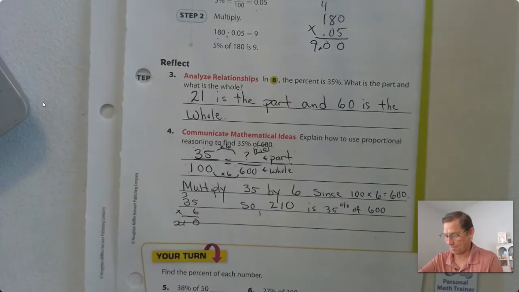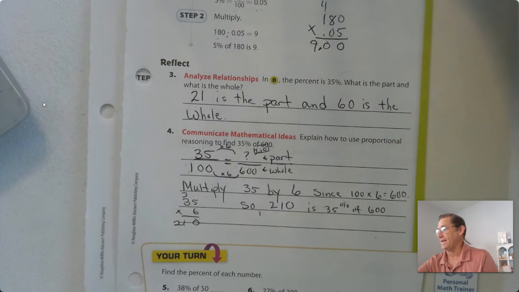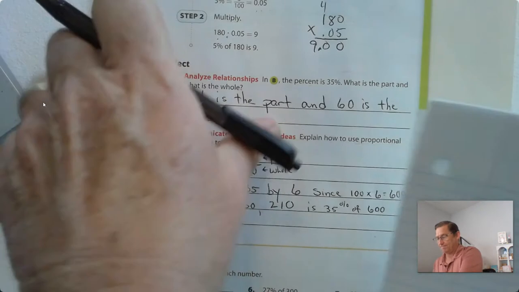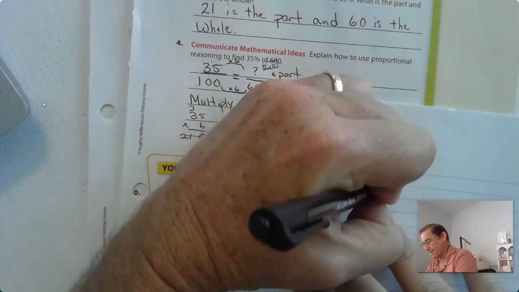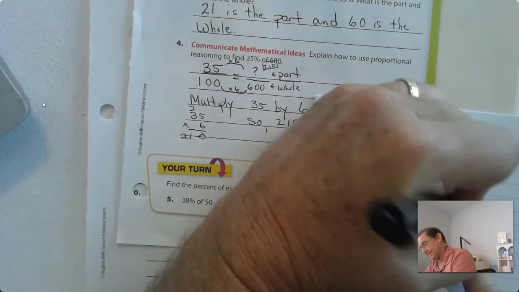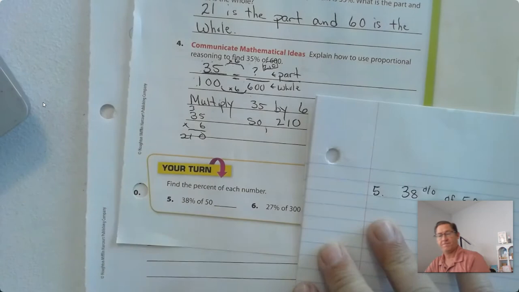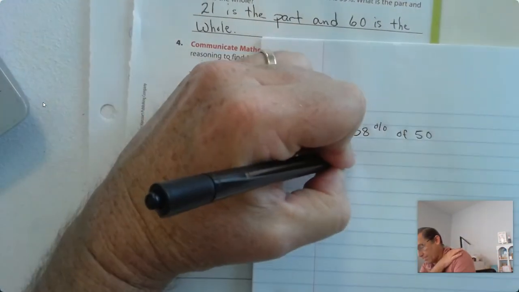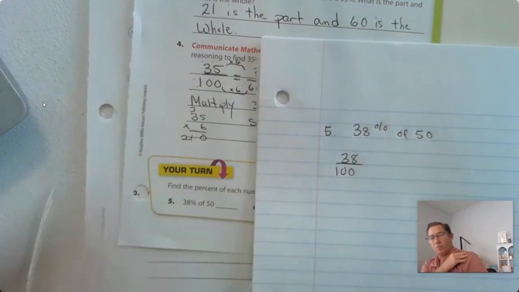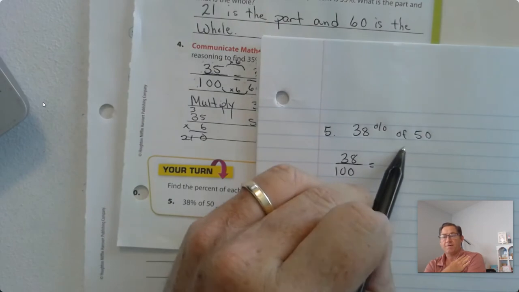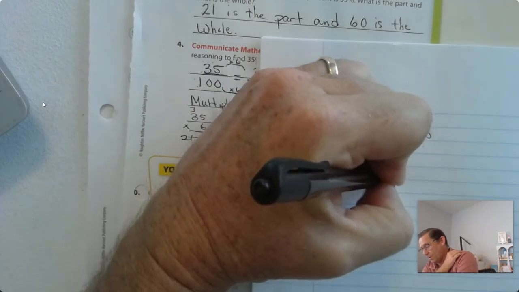Number 5. So find 38% of 50. So I'll get some scratch paper. Make sure you have room to do these. So 38% of 50. Well, we know 38% means 38 out of 100. Of 50, so 50 is the whole.